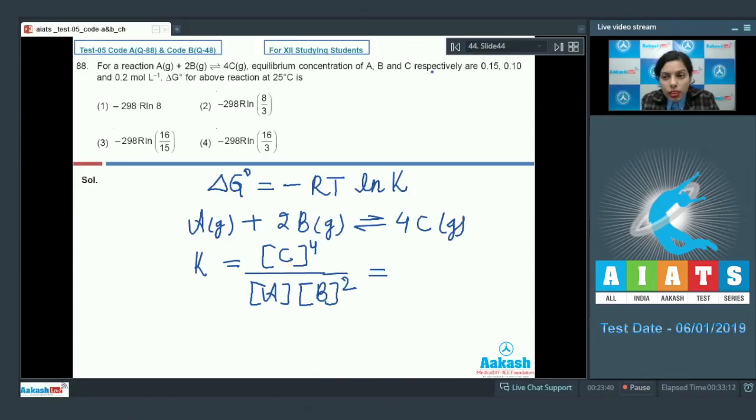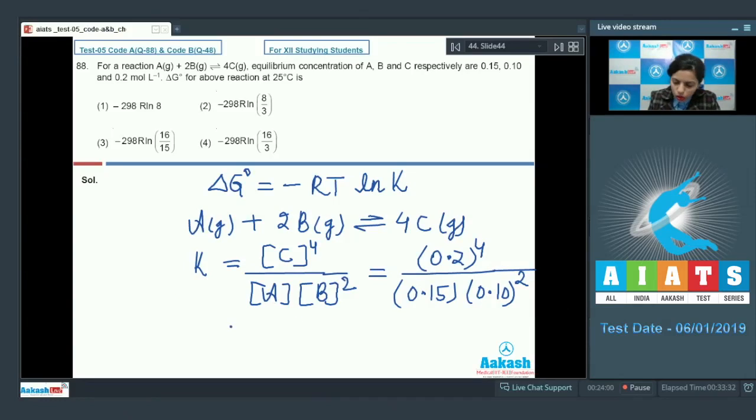The equilibrium concentrations of all these substances are also given. If we talk about C, it is 0.2 raised to the power 4 divided by, if we talk about A, that is 0.15 and then 0.10 raised to the power 2. So if you solve this for the value of K, you will identify that this K value is equal to 16 by 15.